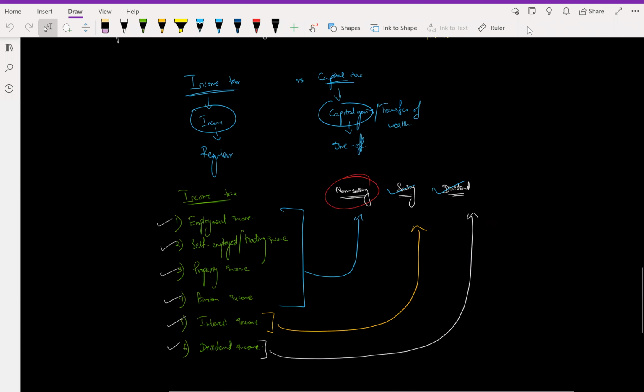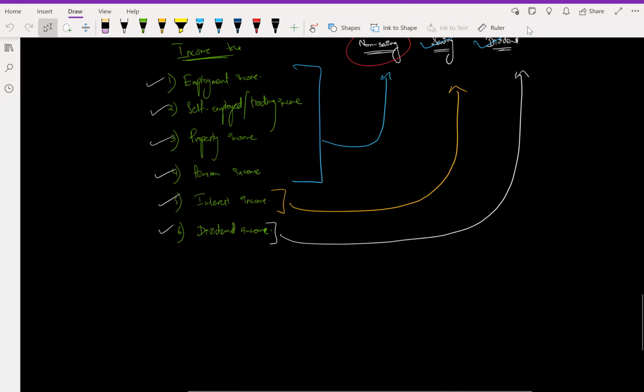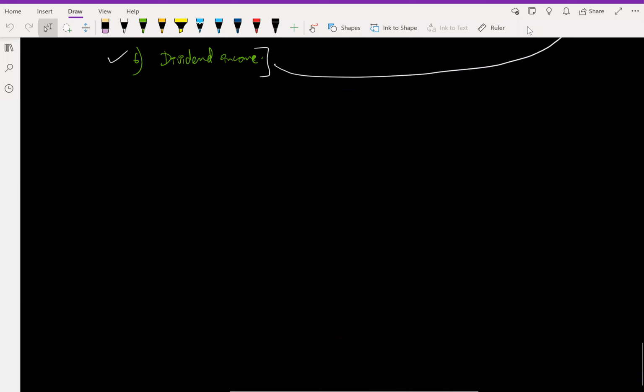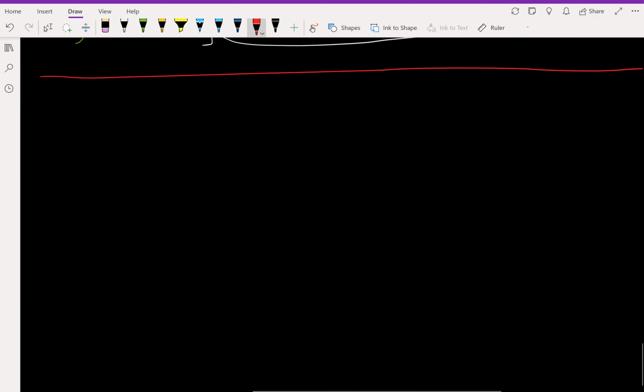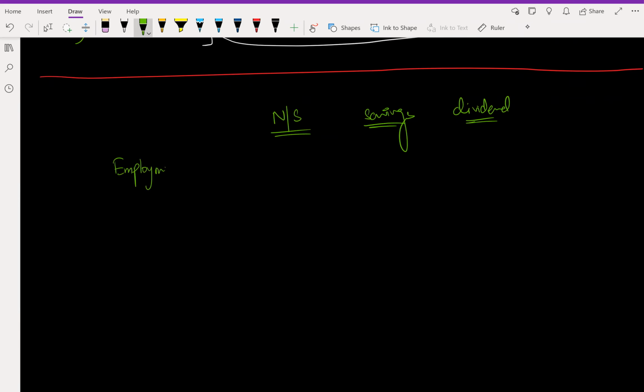All right. Now, once you've determined the income, please focus, the next step is to obviously calculate the total for each category. So we'll take an example over here. You have to calculate the total of each category. Let's say employment income is £4,000.